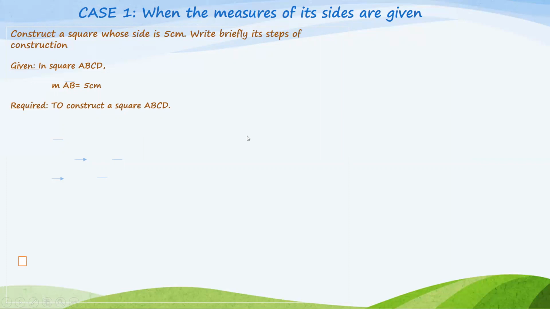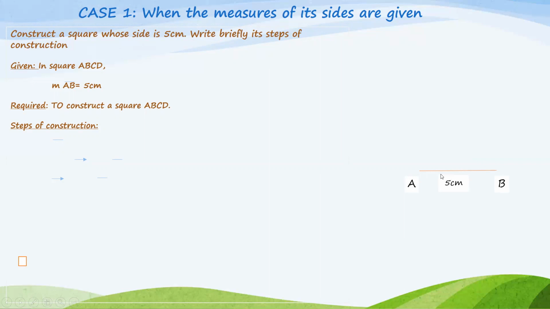Now let's start constructing a square together. Step number 1, we have to draw a line segment of 5 centimeter. Let's mention the name AB.